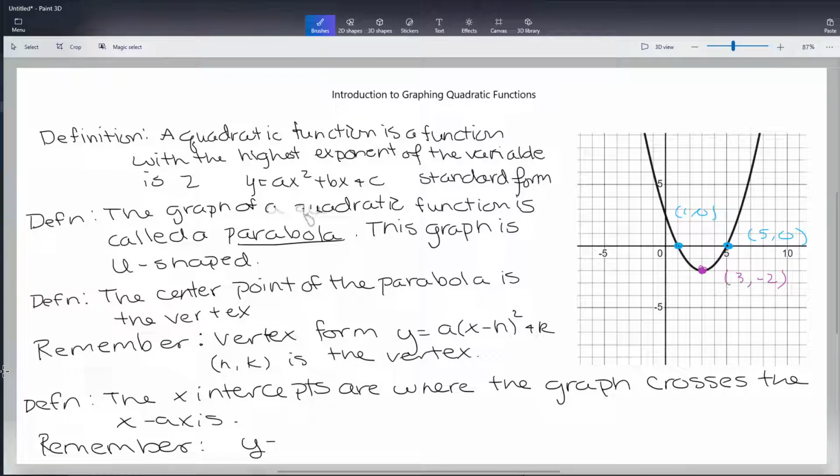So we have the factored form a times (x minus m) times (x minus n), where (m, 0) and (n, 0) are the x-intercepts. I also want to remind you that we find the x-intercepts by setting y equal to 0.